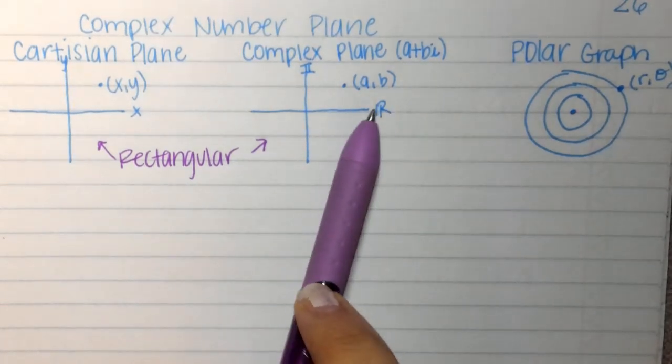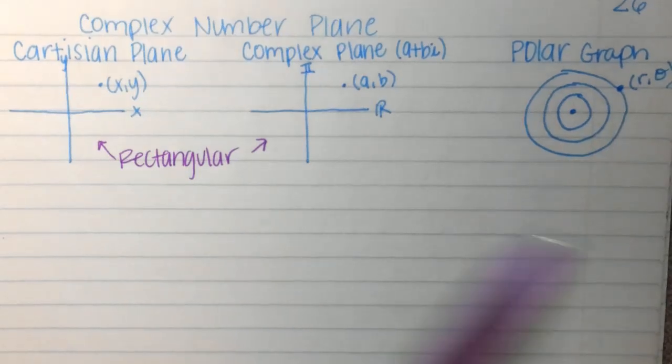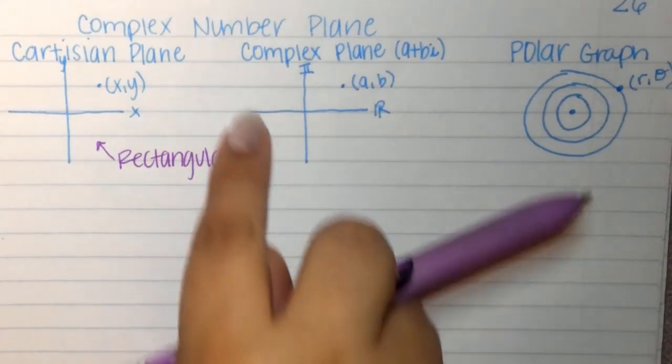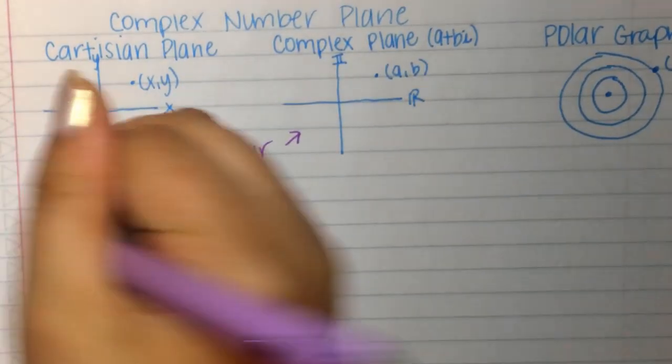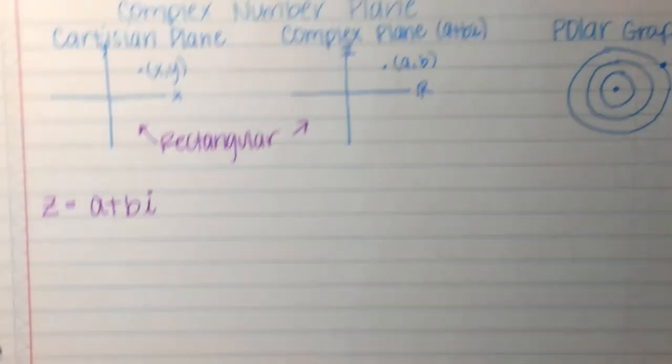Later we're going to talk about how to convert our complex plane to a polar graph or vice versa. Okay? First thing I need you to know, we're going to focus right now on the complex plane. A complex number is a plus bi. We're going to write that like 5 times today.